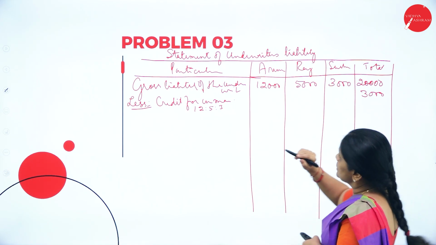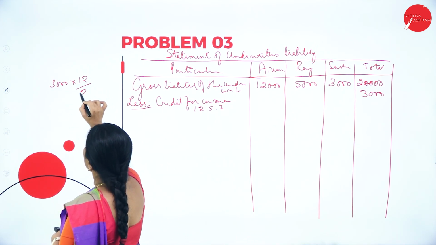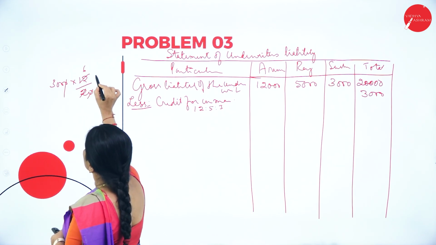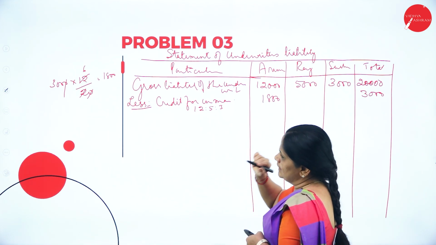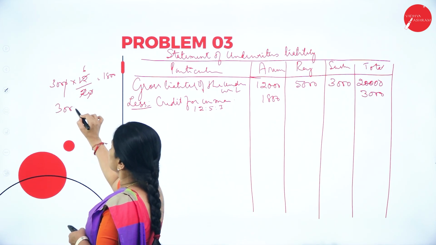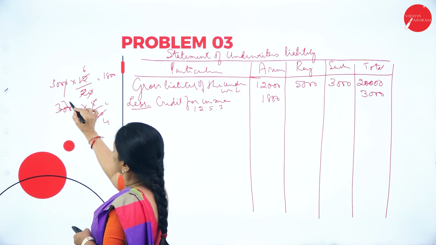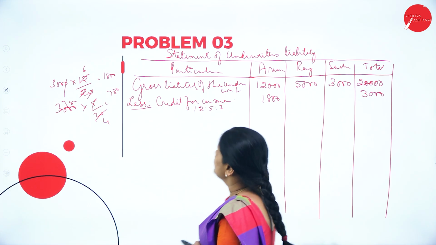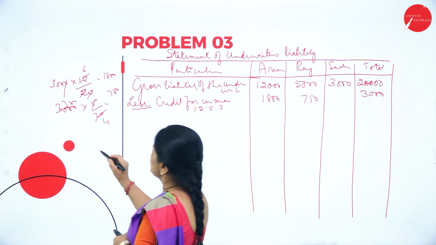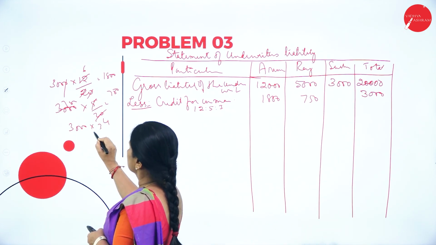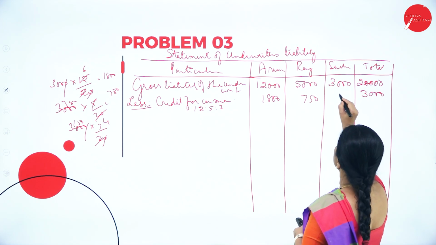So 3,000 into 12/20 is 1,800. Then 3,000 into 5/20 is 750. Then 3,000 into 3/20 is 450.